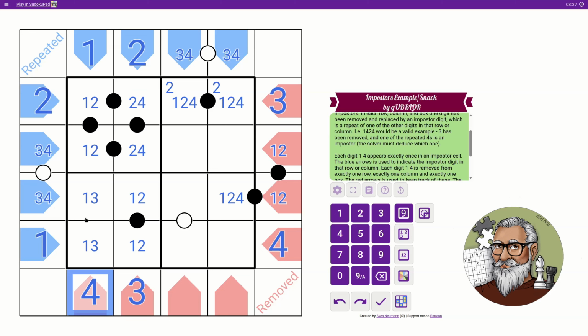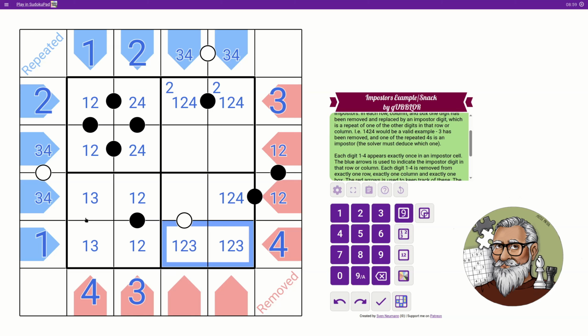What am I missing? I can't have a 4 here. I can pencil mark that because that's then 1, 2, 3.